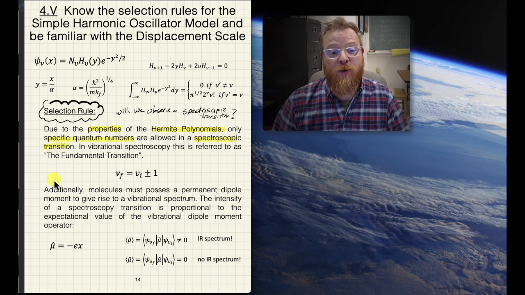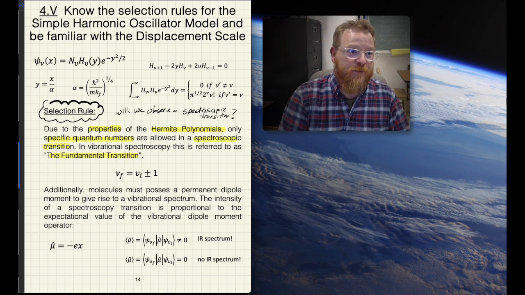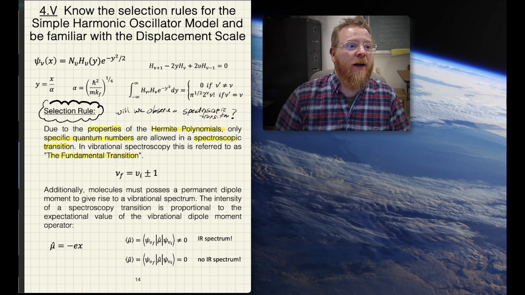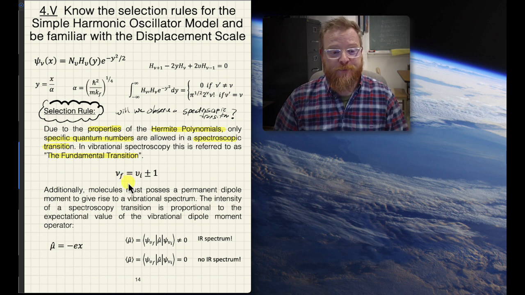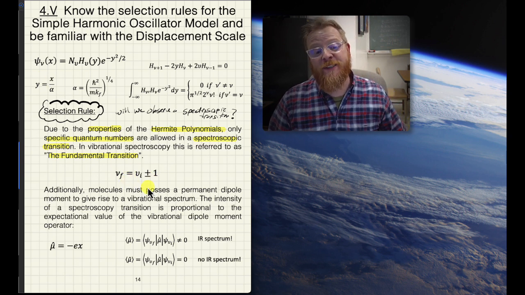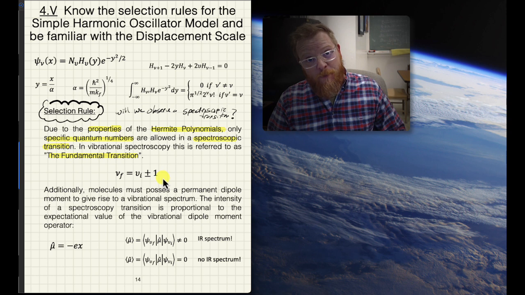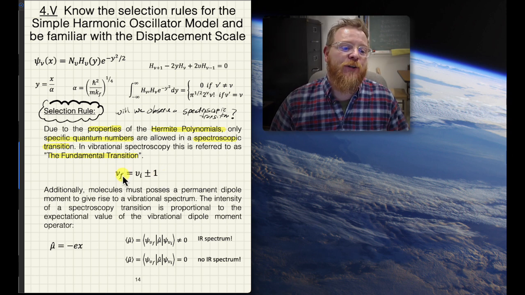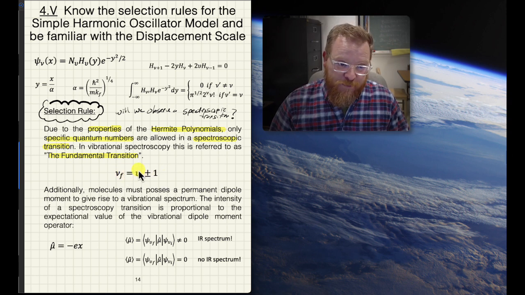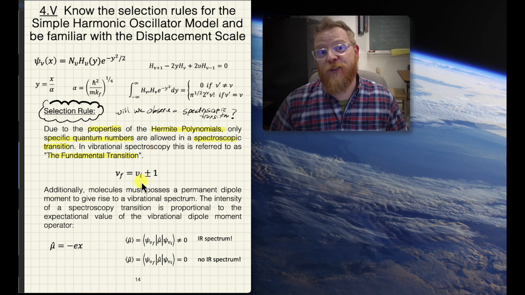In vibrational spectroscopy, this is referred to as the fundamental transition. So our selection rule says we can only go up or down by one quantum number at a time. So nu final can only equal nu initial plus or minus 1.